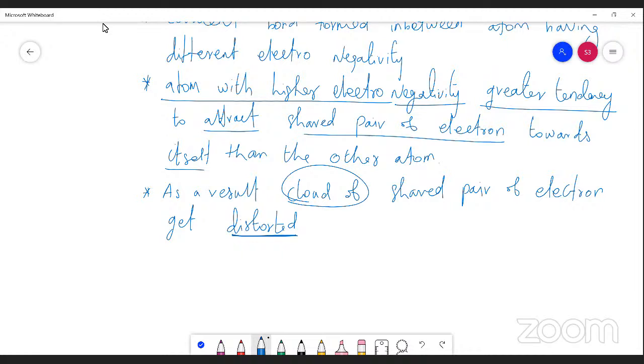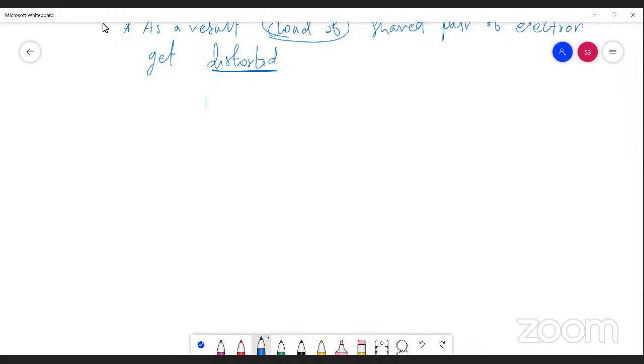For example, let us consider the molecule of hydrogen fluoride. In the hydrogen fluoride molecule, hydrogen is covalently bonded with fluorine.